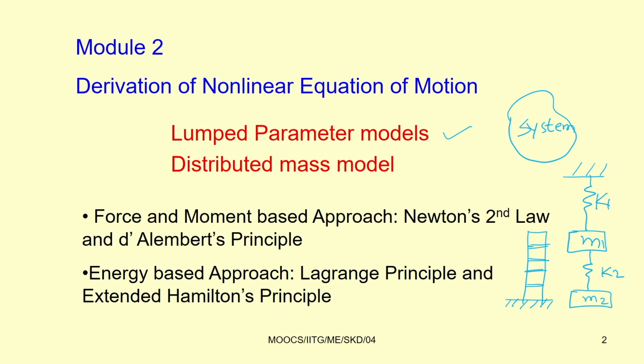Many times you have to truncate that continuous system to a multi degrees of freedom system, or the distributed mass system can be modeled as a lumped parameter system by truncating the number of degrees of freedom.